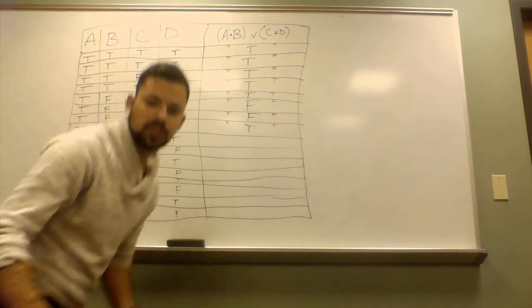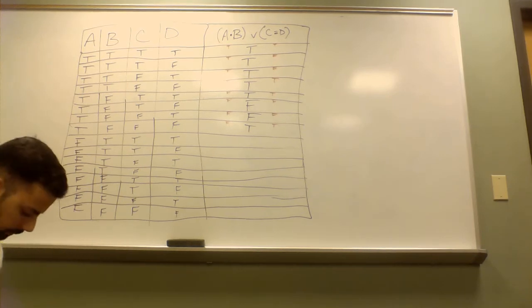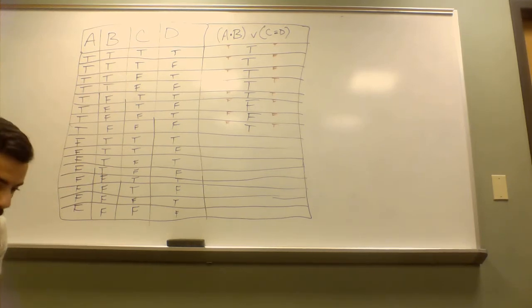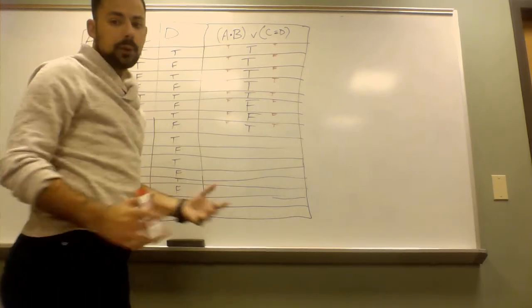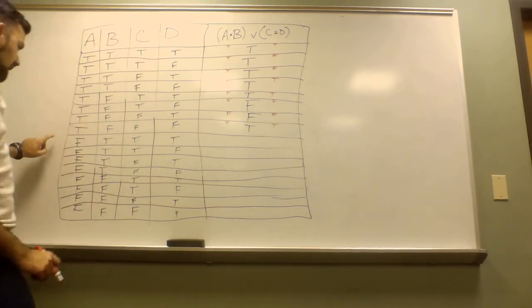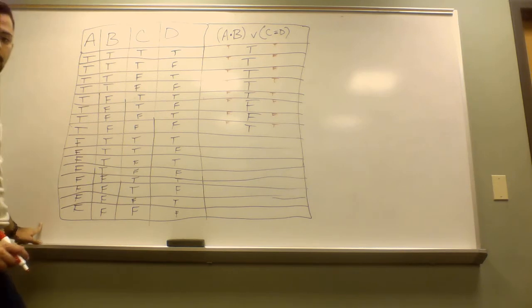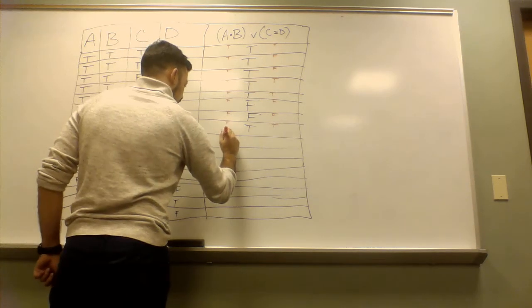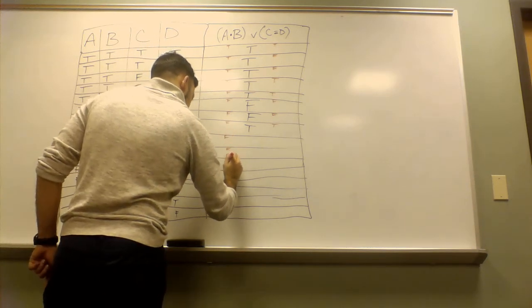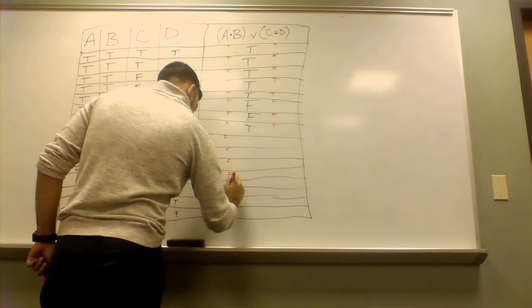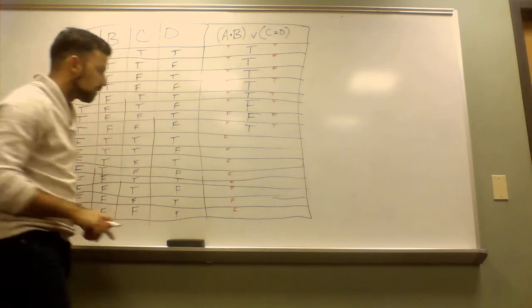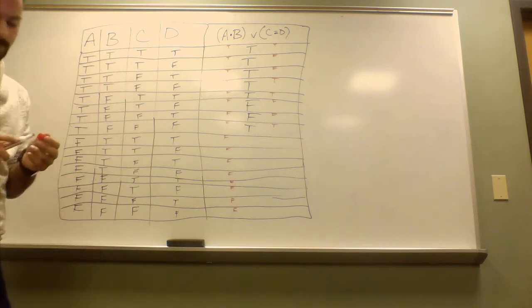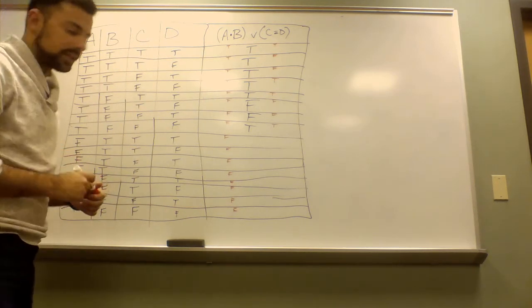Okay, and now we can do something really quickly here. We know that in order to make this part, A and B, true, they both need to be true. Well, we see here for the next 8 that A is going to be false. So we know automatically that the left side is false for the next 8 instances. That'll save us a bit of time.